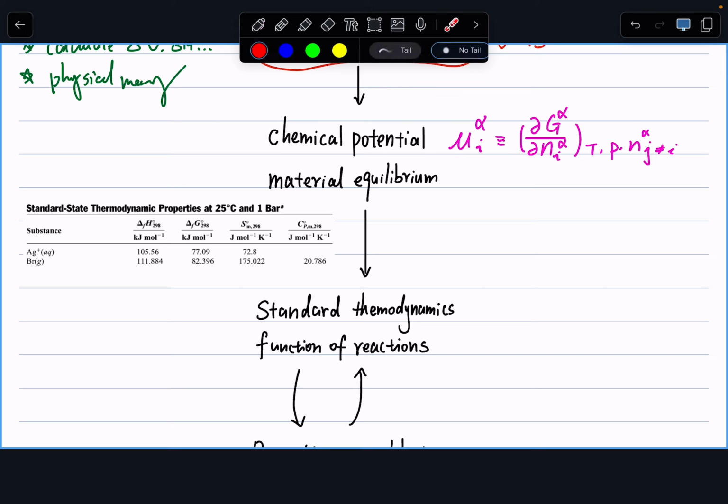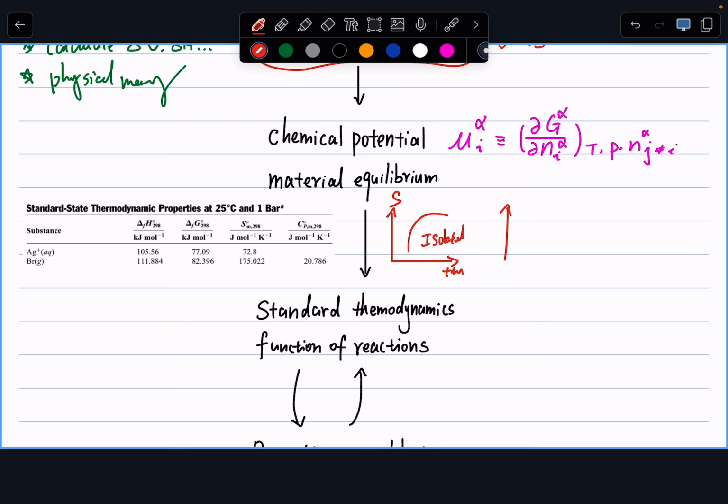And then for material equilibrium, remember we have our three graphs telling you what we're expecting. For entropy, over time, it's always going to increase in an isolated system.